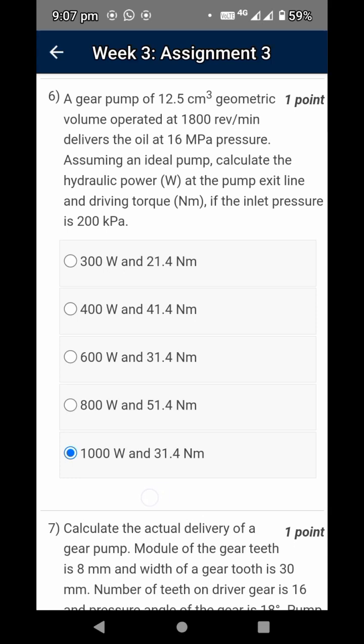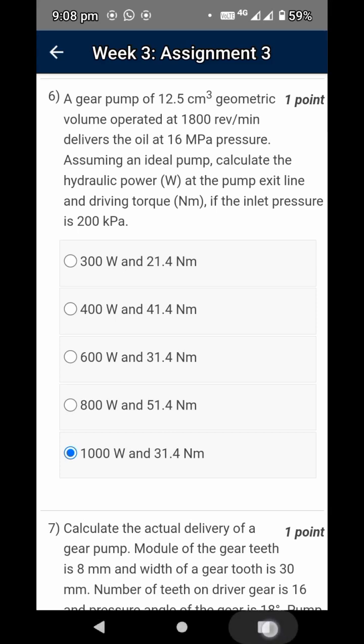Centimeter cube indicates volume. It is operated at 1800 revolutions per minute, which is the speed, and delivers the oil at 16 megapascal pressure, and we have to assume it is an ideal pump. Calculate the hydraulic power and driving torque if the inlet pressure is 200 kilopascal.